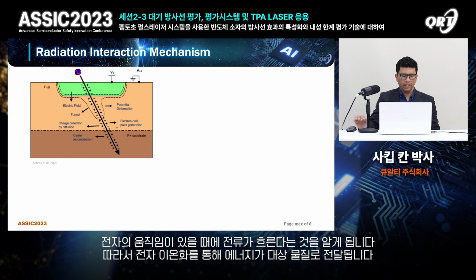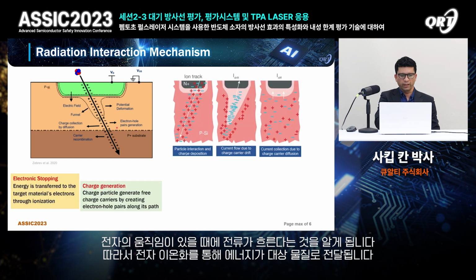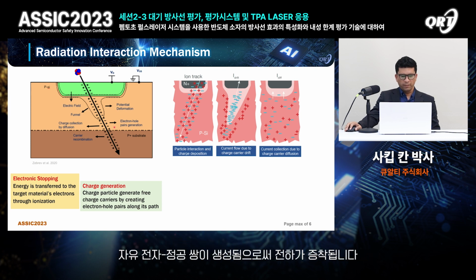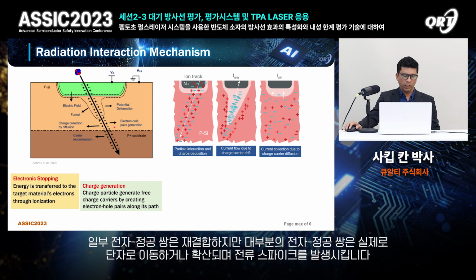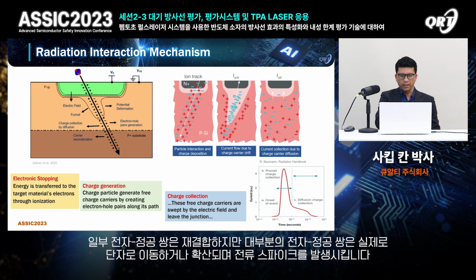Whenever there's a movement of the electrons, we know that current flows. So energy is transferred to the target material through electronic ionization. The charge is deposited by creating the free electron hole pairs. Some of the electron hole pairs recombine, but the majority are actually drifted or diffused to the terminal to cause a current spike.